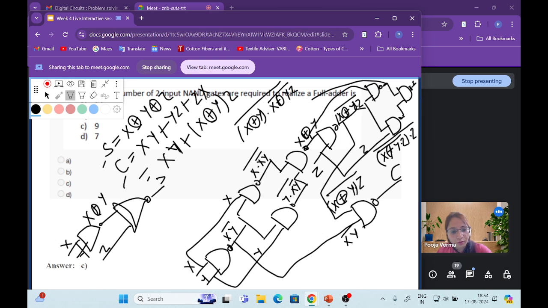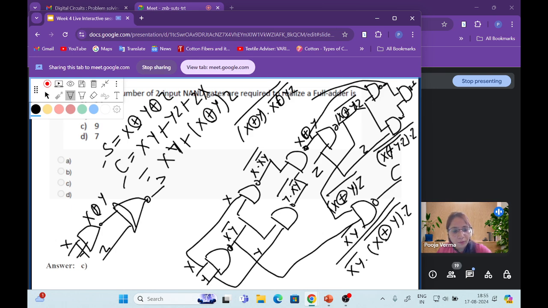So if you take it, you will get (xy)' in multiplication with ((x XOR y) into z')', right?